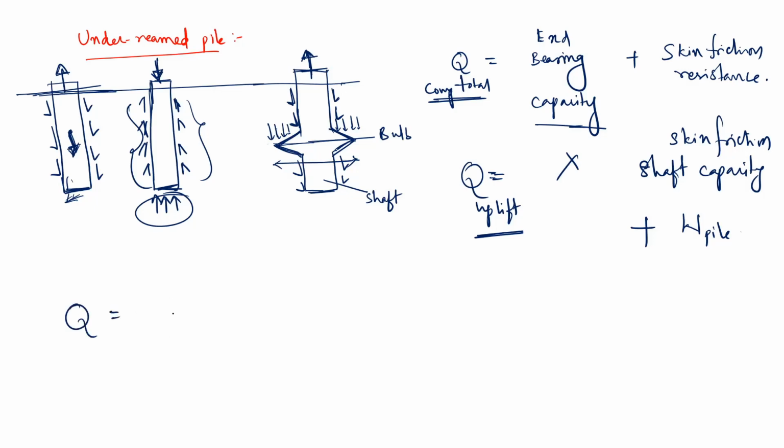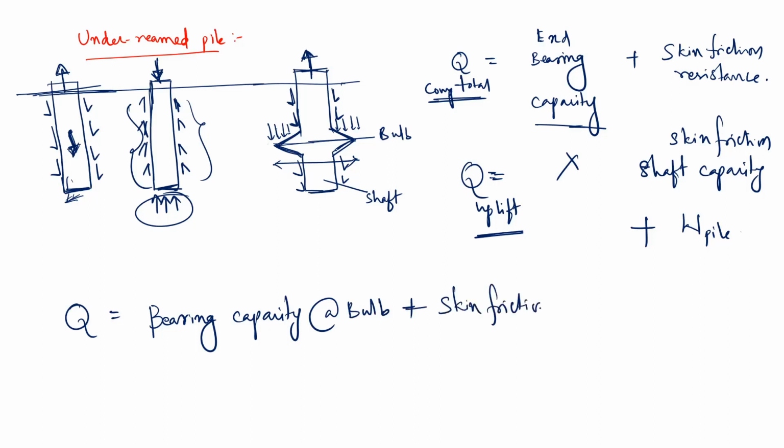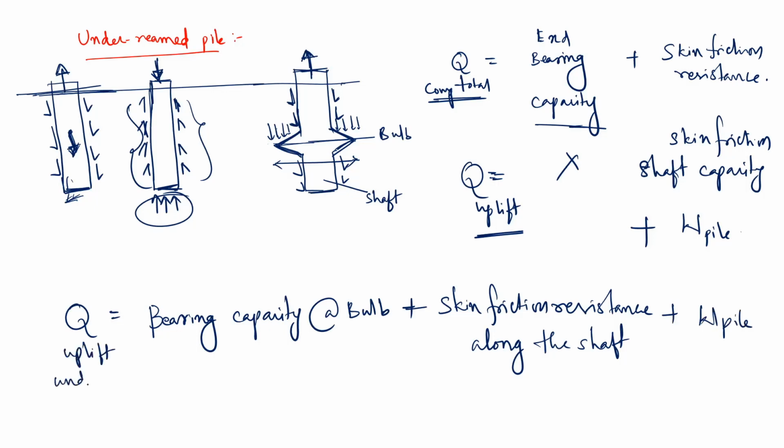See, the bearing capacity at bulb plus skin friction resistance along the shaft plus weight of the pile gives Q uplift for underream.